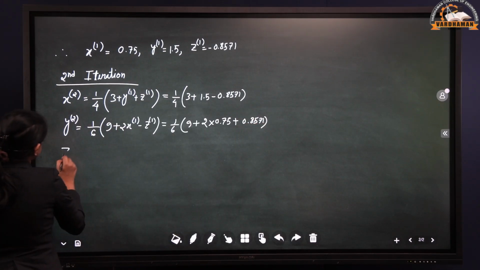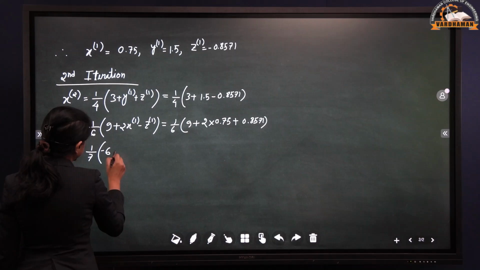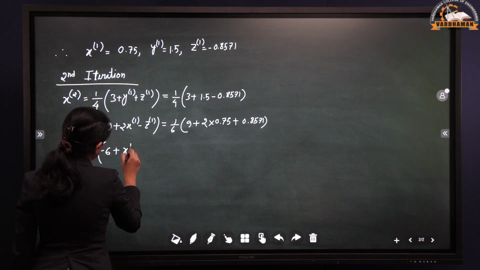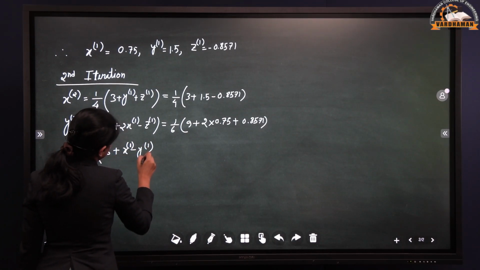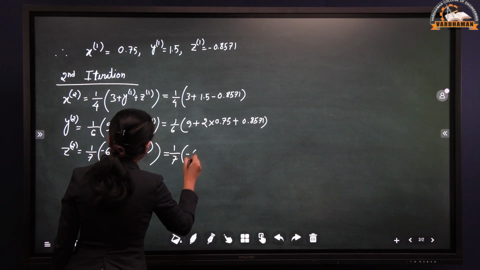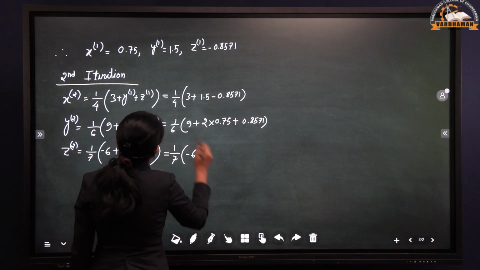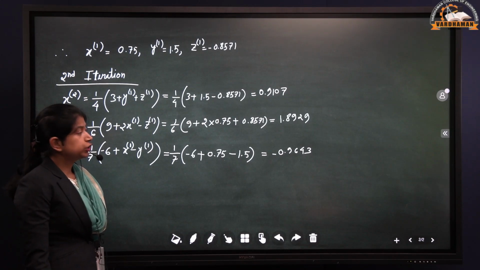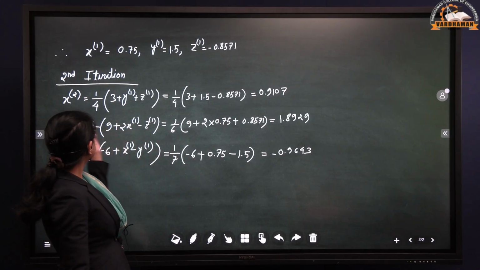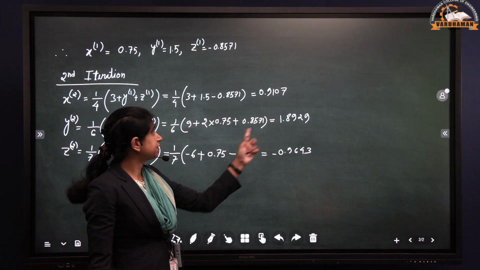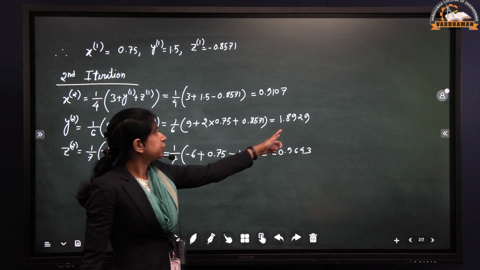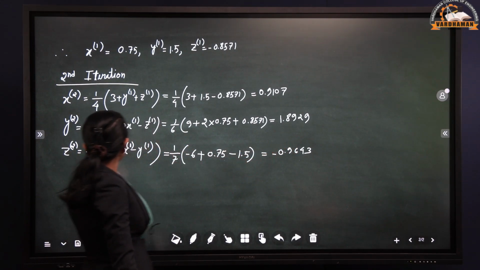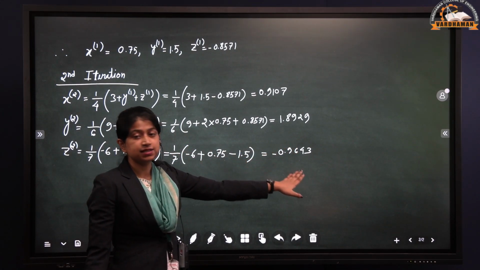And z2 is 1 by 7 times (minus 6 plus x1 minus y1), that is 1 by 7 times (minus 6 plus 0.75 minus 1.5). If we calculate in calculator, we will get x2 as 0.9107, y2 as 1.8929 and z2 as minus 0.9643.